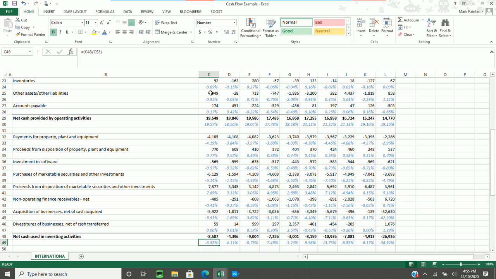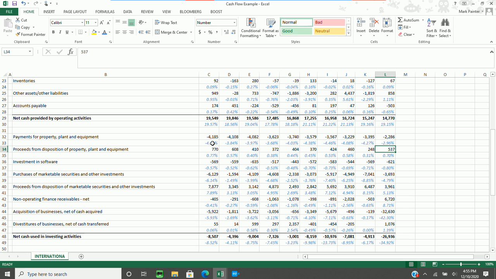So now we'll go into this section here, which is the cash flow from investing. So this part here is just again property, plant, and equipment, and you can see they really spend about the same amount every single year. It's right around 4%.